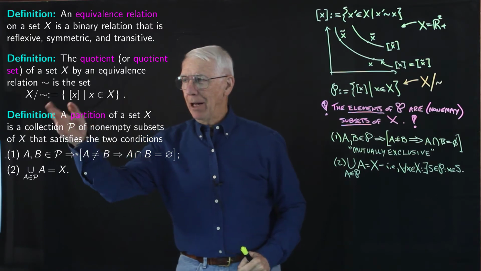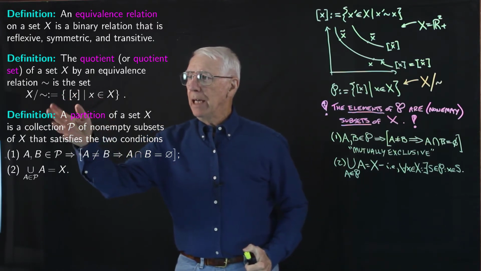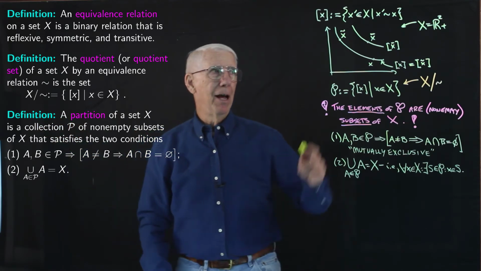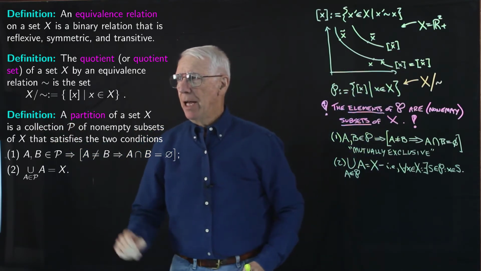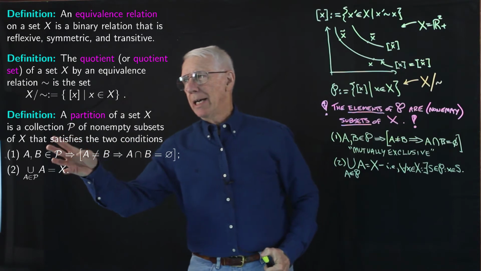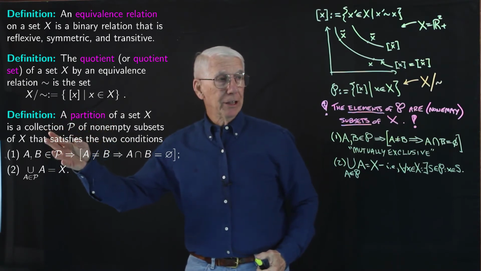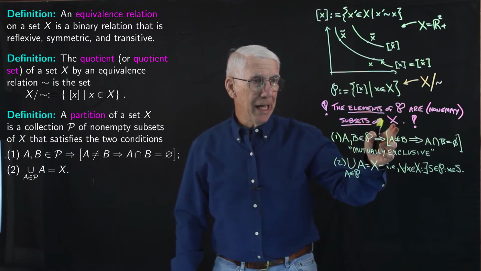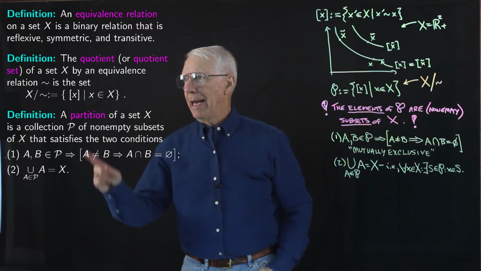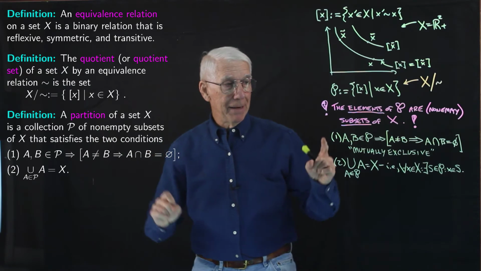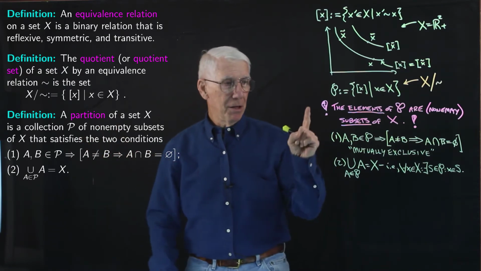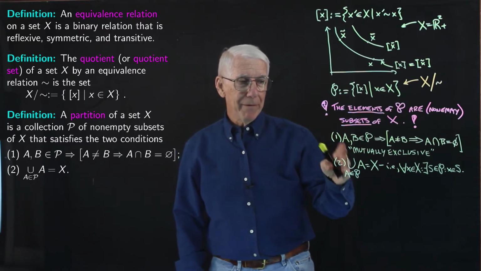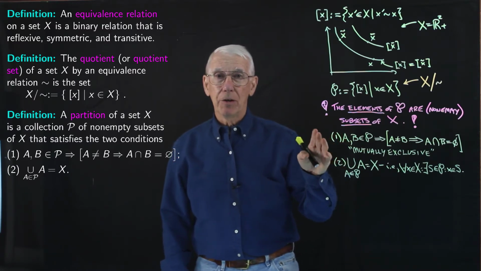We elevate that to the general concept of a partition of some underlying set. And so a partition is just a collection of non-empty subsets of the underlying set, like this one, that satisfies these two conditions. So whenever we have that, we have something called a partition.